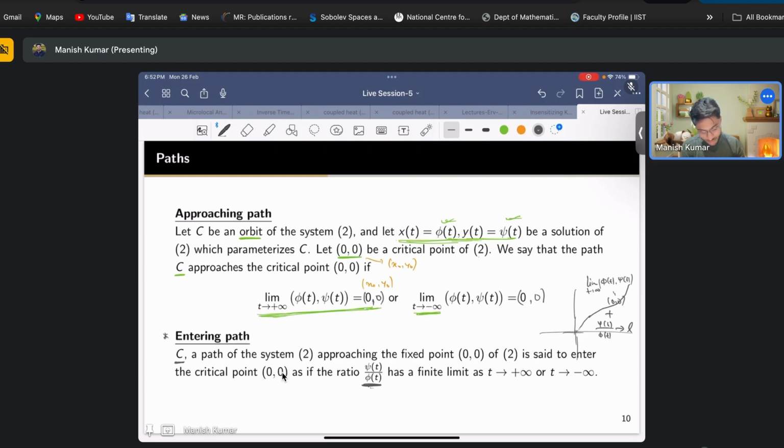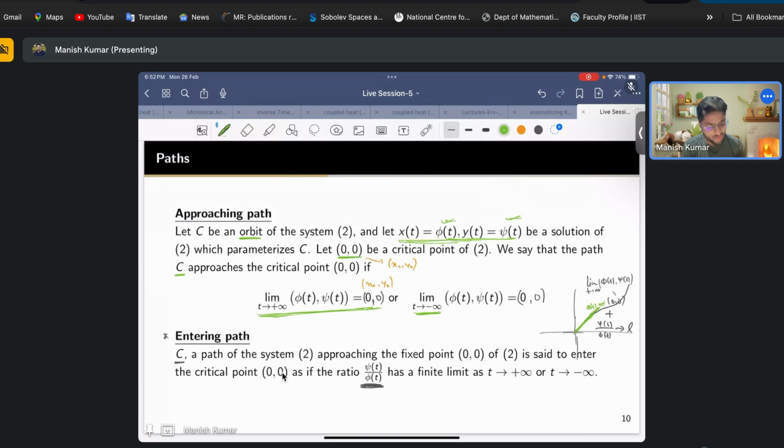So what is this ratio representing? Suppose this is some point (phi t, psi t), then this ratio is nothing but the straight line joining the origin to this point. It is measuring the tangent or slope of this curve at this point.